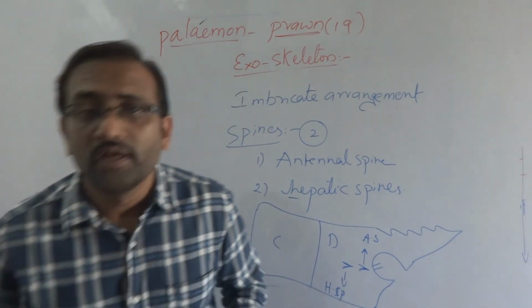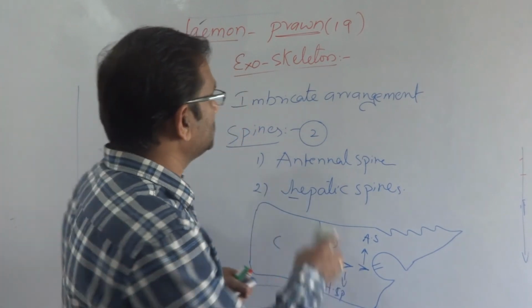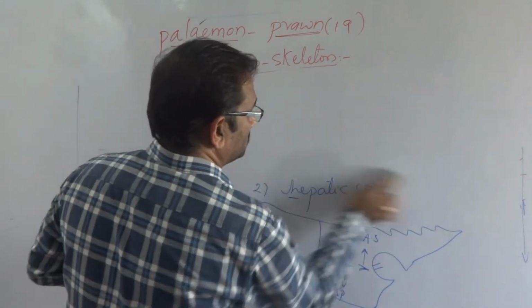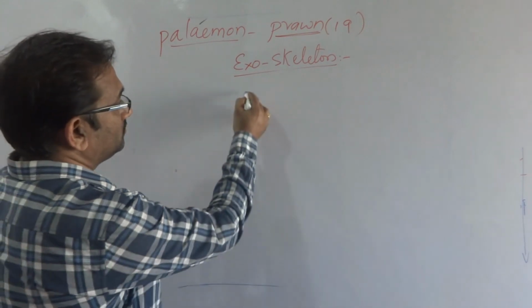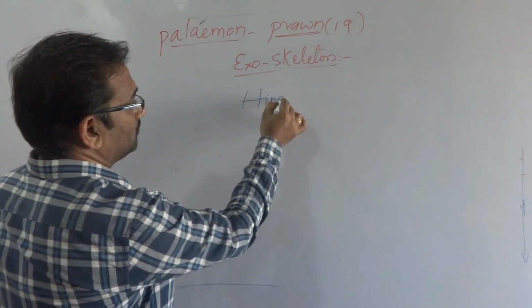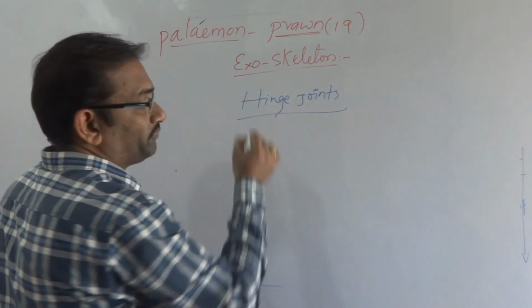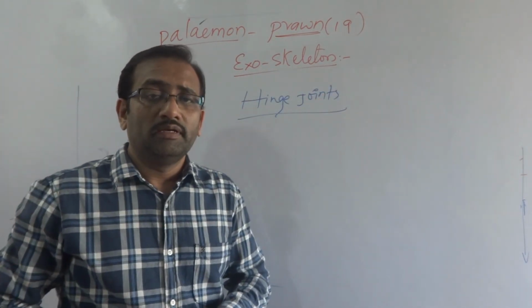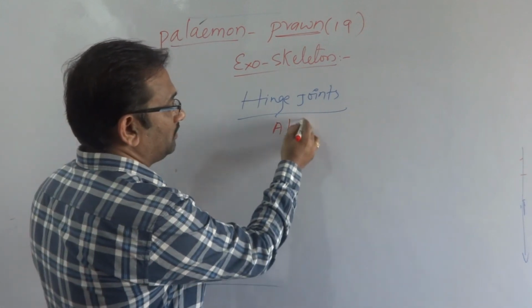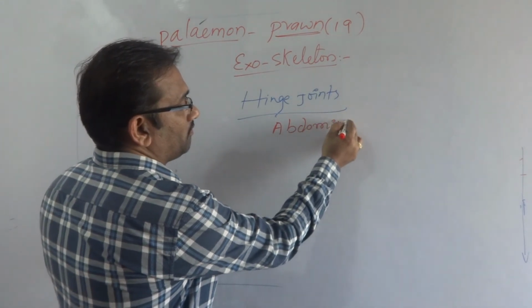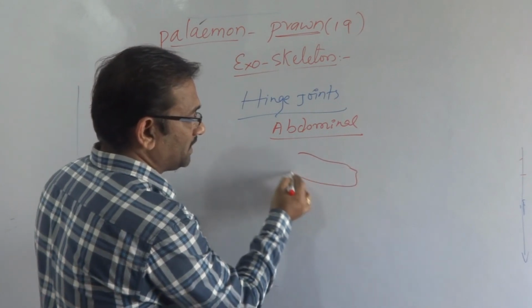Another point in the exoskeleton is the hinge joint. Hinge joints are present on the abdominal segments.